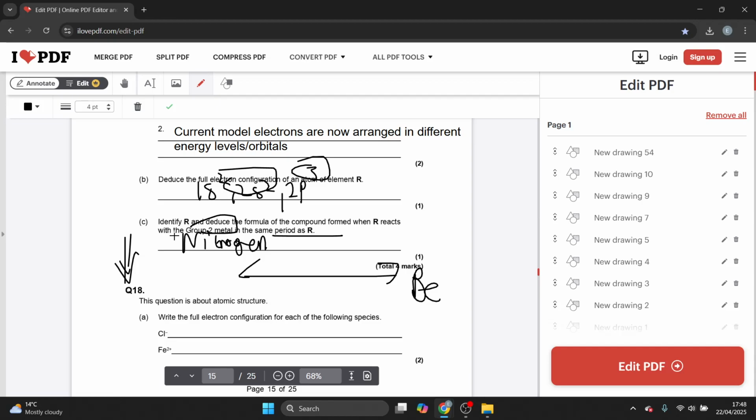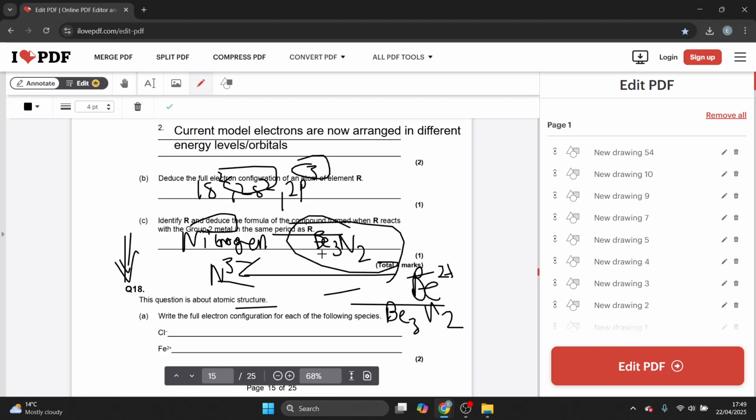Well, the charge of the nitrogen ion is 3-, so Be is 2+, nitrogen is N3-, then crisscross method, you swap the charges around, you get Be3N2.